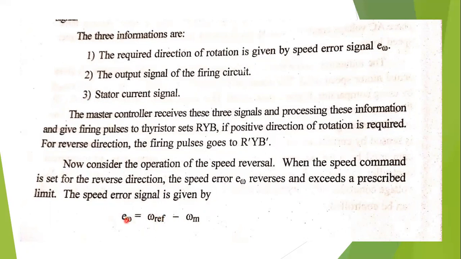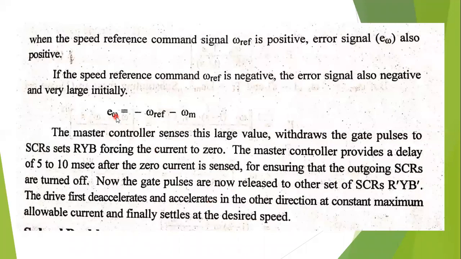Understood? If the speed reference command omega reference is negative, the error signal is also negative and very large initially.